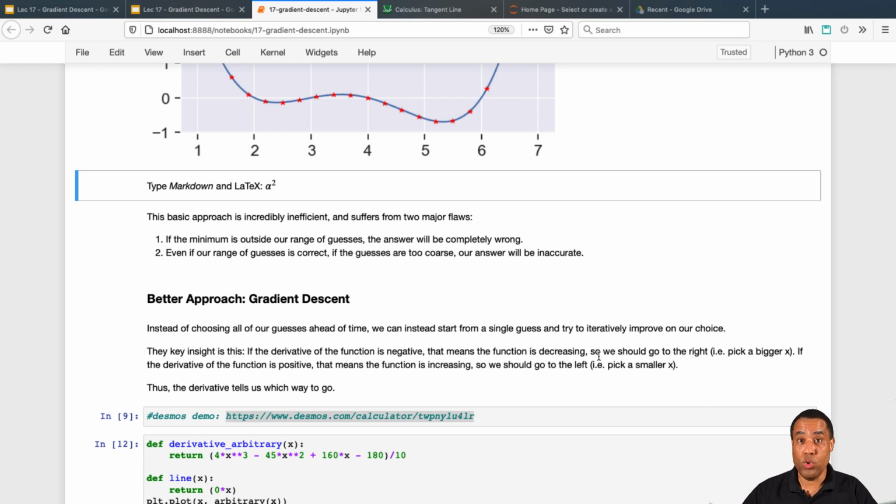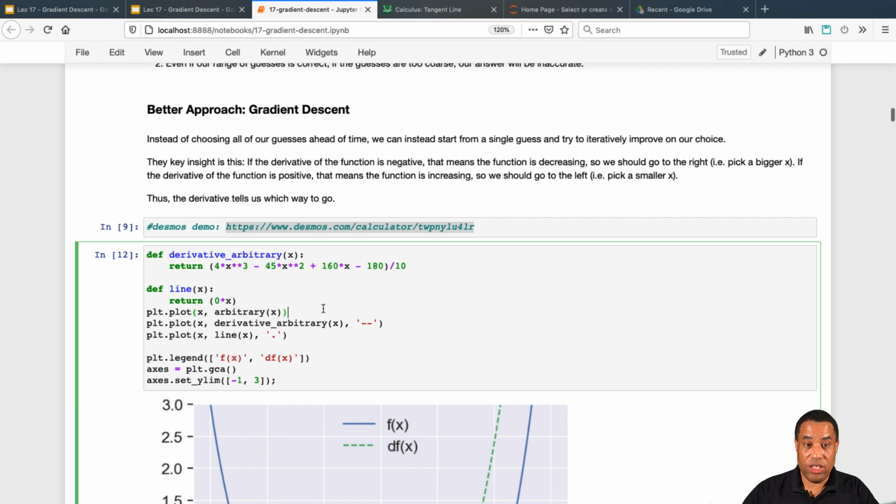So we need to move to the right, that is, pick a higher value of x. On the other hand, if the derivative of the function is positive, then that tells us that the function is increasing, and so we need to pick values of x that are smaller or to the left. Okay, so the derivative is going to tell us which way we need to go.